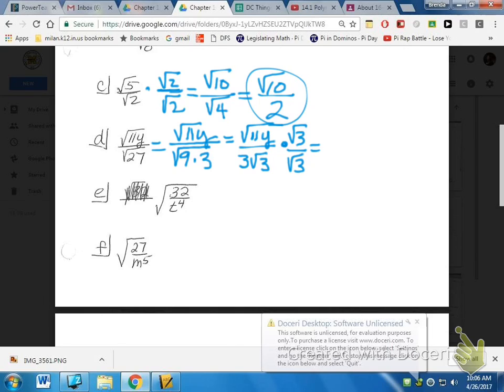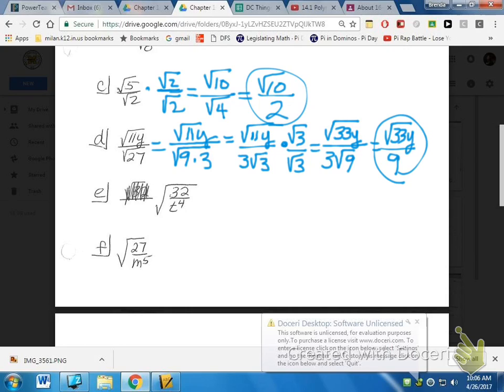So my top would become radical 33y, and the bottom becomes 3 radical 9. Well, the top's going to stay radical 33y, but the bottom is going to become 3 times 3, or 9. And that would be the simplified answer. Questions about that? Okay, next.